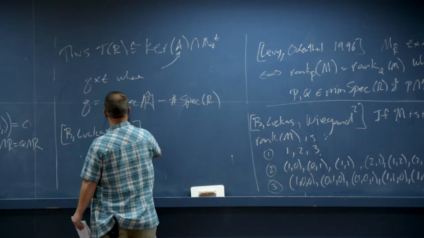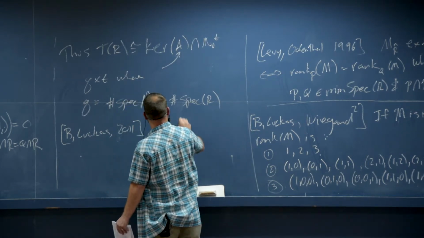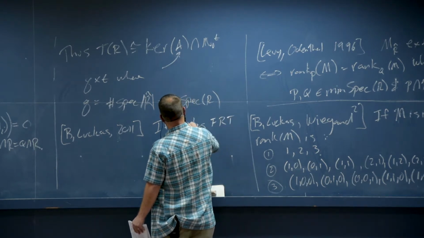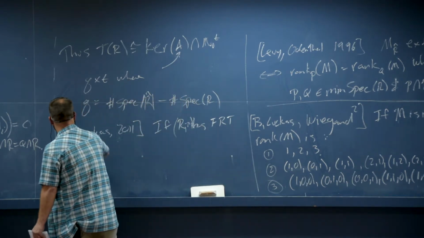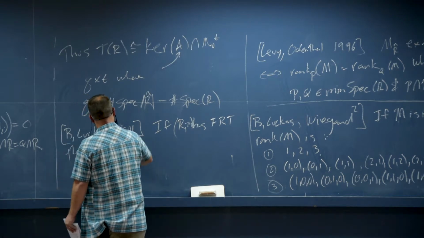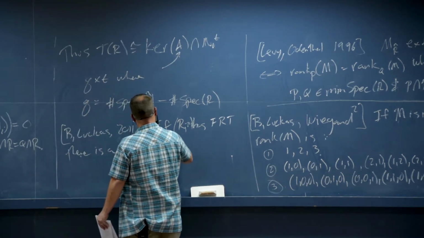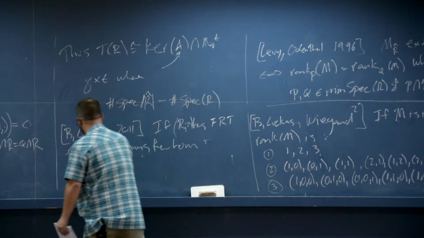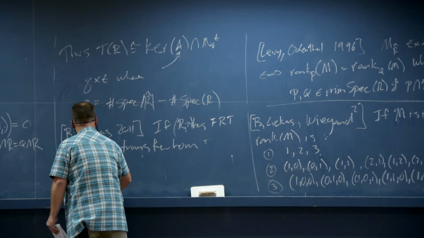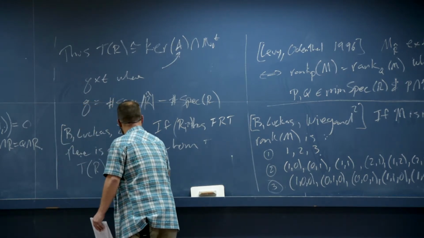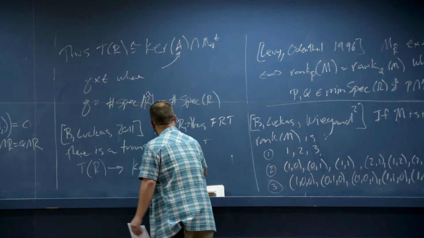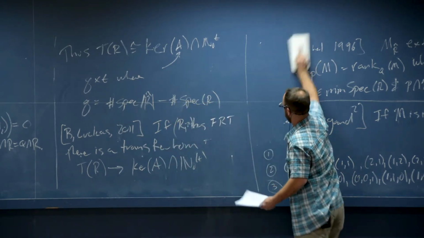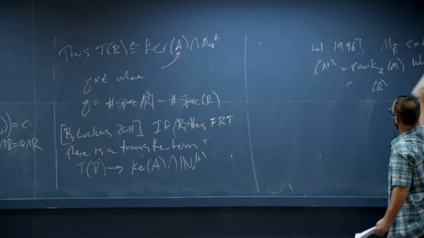this was 2011. So if R has finite representation type, and this is local, then there is a transfer homomorphism, say T of R to this Diophantine monoid defined by the kernel of this matrix.